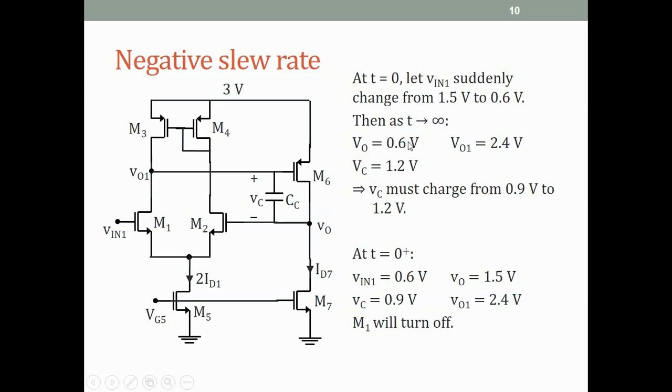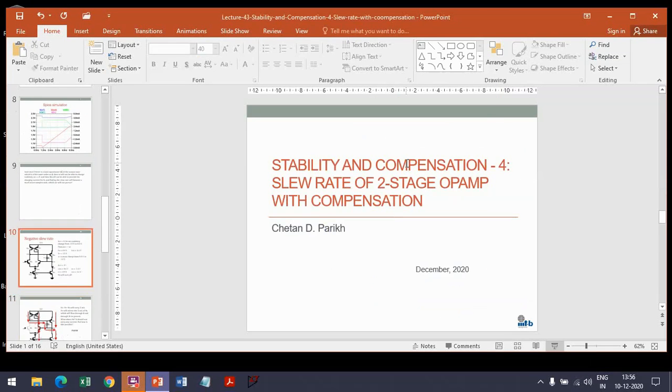Alright, so with this we first find the voltages at t tending to infinity. If the input is 0.6, then the output is also 0.6 as t tends to infinity. We'll keep VO1 at 2.4 and therefore VC, which is VO1 minus VO, is 2.4 minus 0.6. How much is 2.4 minus 0.6?